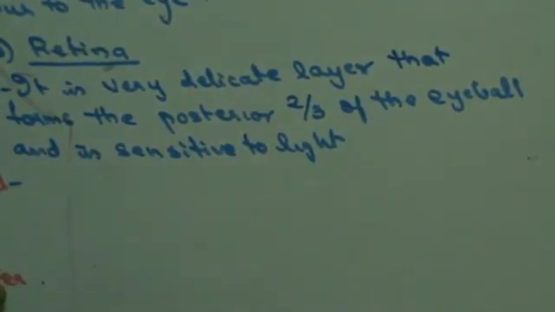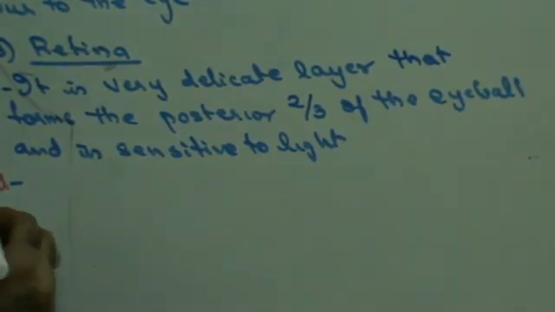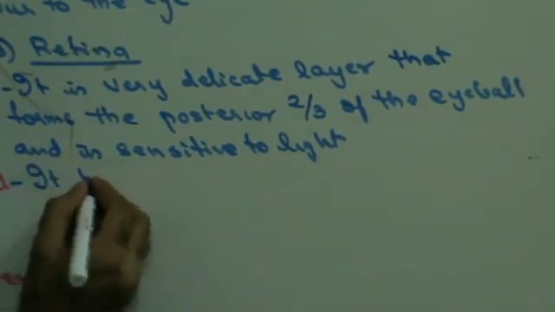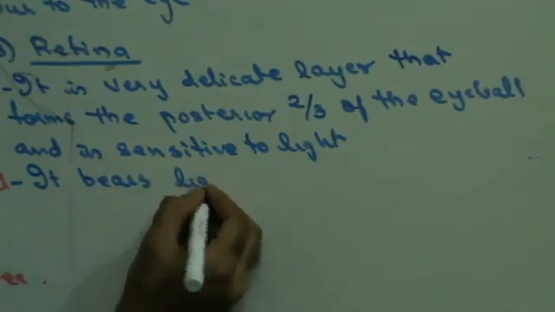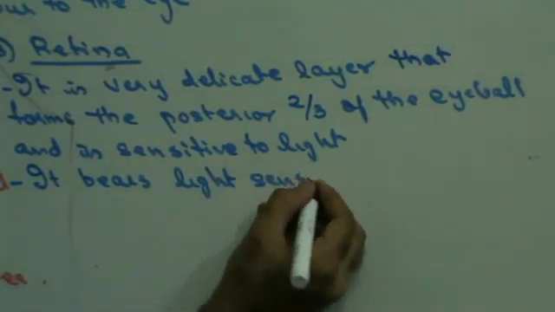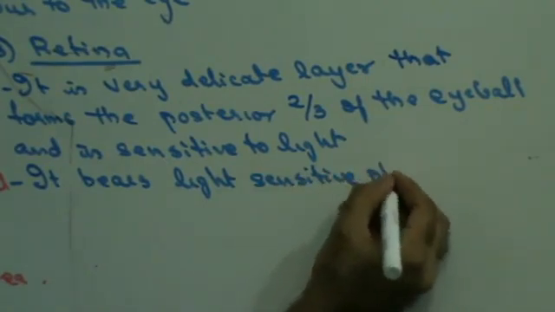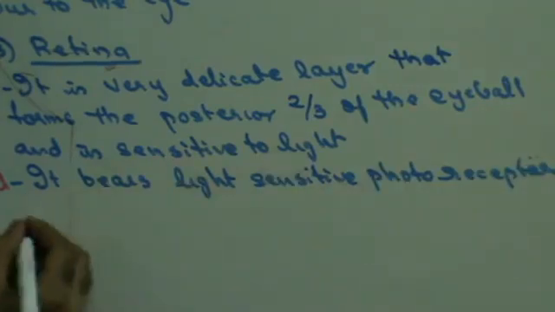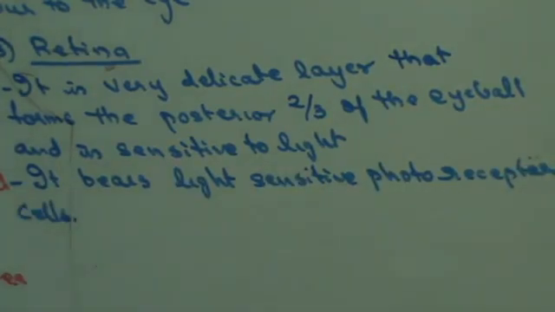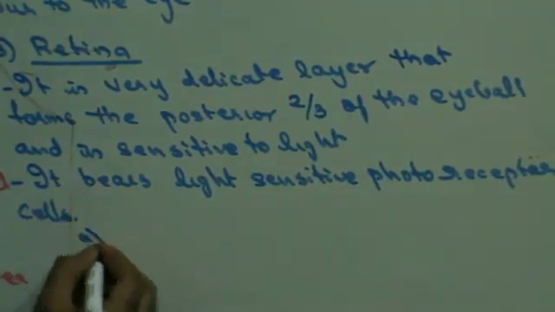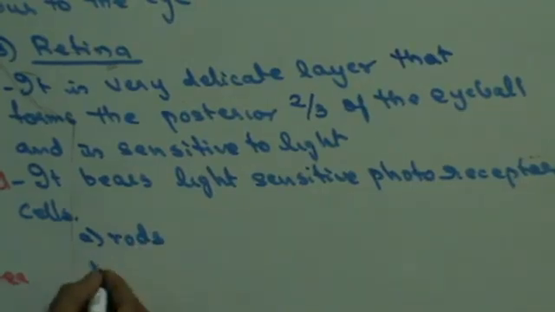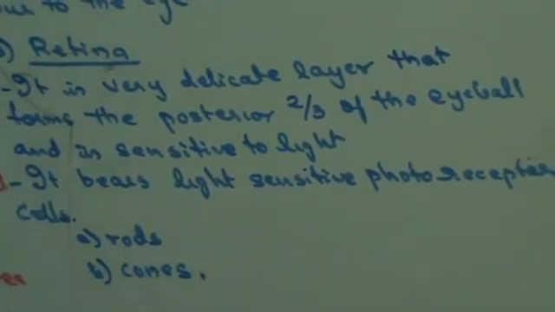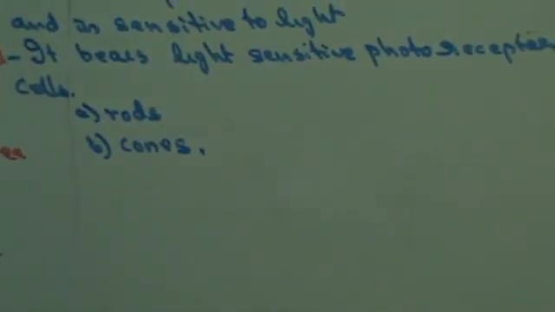Right? It bears light sensitive photoreceptor cells called the rods and the cones. These are the two sensitive photoreceptor cells that the retina is made up of, right?